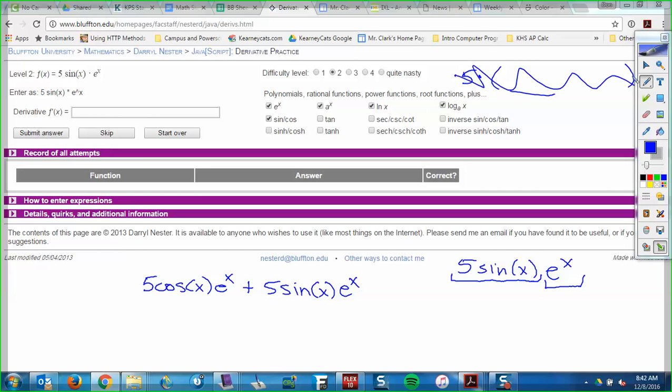So if I've got 5 sine x e to the x, I'm like, okay, that's a product rule. I'm going to attach that 5 to the sine. I can do that anytime it's just a constant, and treat it as part of it. Then I don't have to worry about the distributing. It just goes with it. Especially when you have negatives, that's important. Like if you had a negative e to the x sine x or something like that.